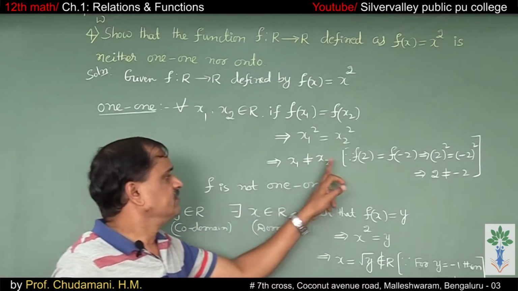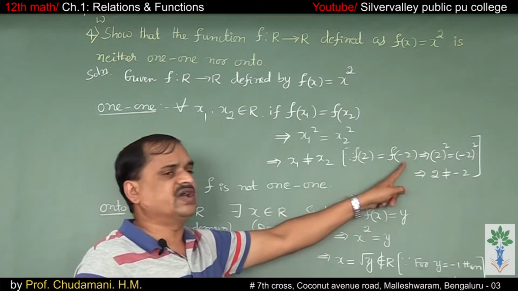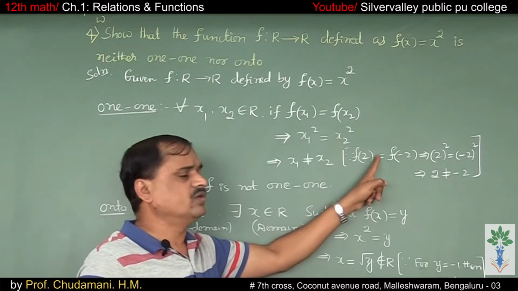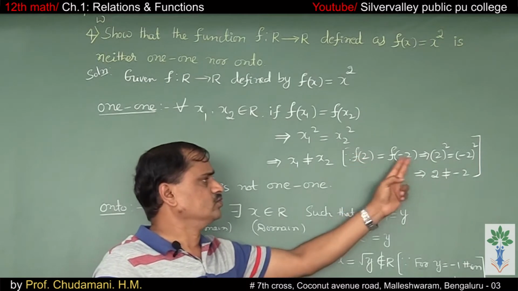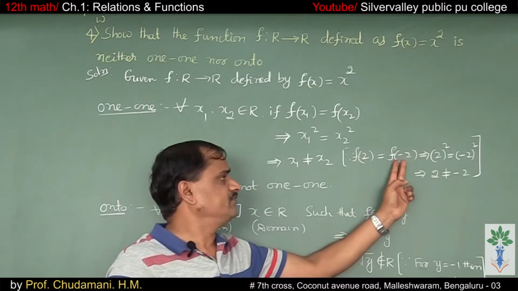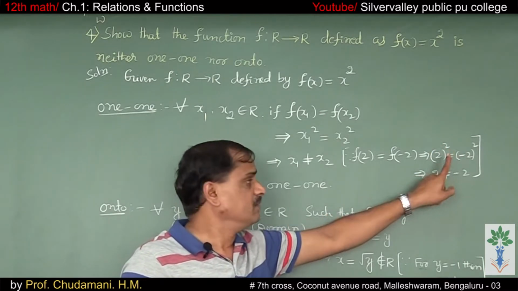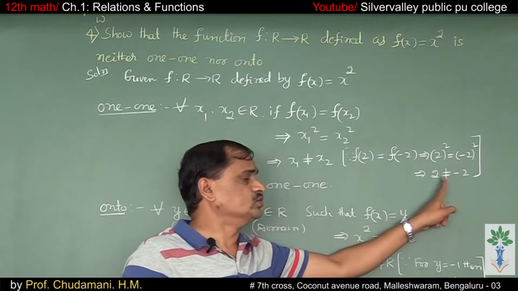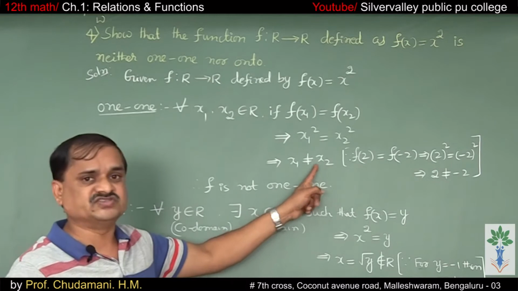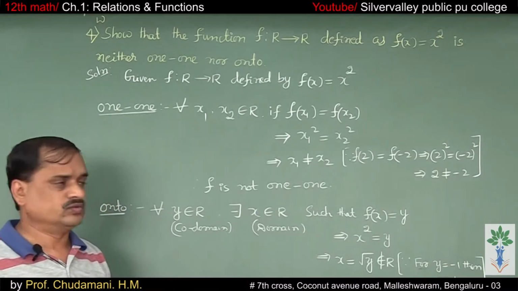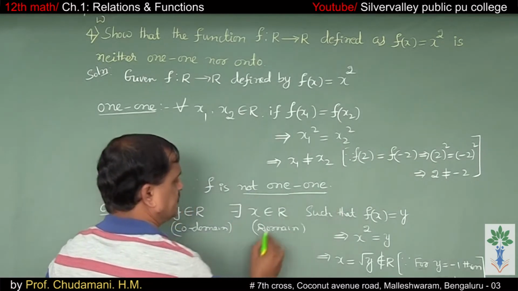Or else see this, let us take x1 as 2, x2 as minus 2. f of 2 and f of minus 2 both are equal, right? So f of 2 means 2 square, f of minus 2 means minus 2 square. This is 4, this is also 4. But 2 and minus 2 are not equal. That's how f of x1 equals f of x2 does not imply x1 equals x2. So therefore f is not 1-1 function.